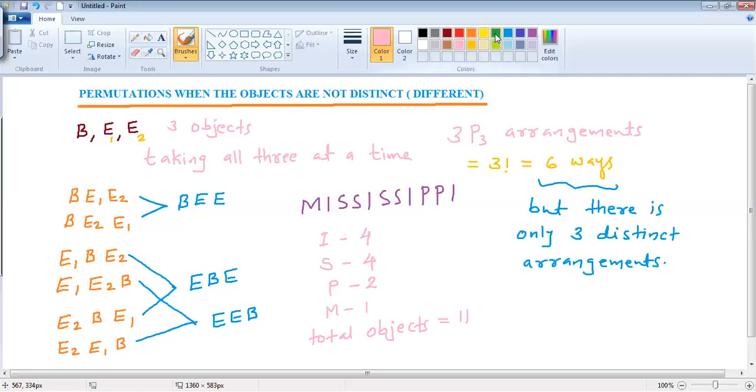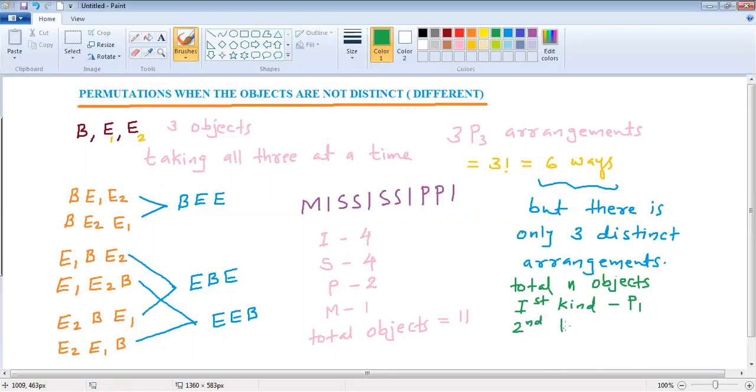So I can say in such a way, total n objects, P1 objects of first kind, means same type, first type or first kind, say P1 objects. For example, here I, first kind, I is 4 times, so first kind ka P1 objects.